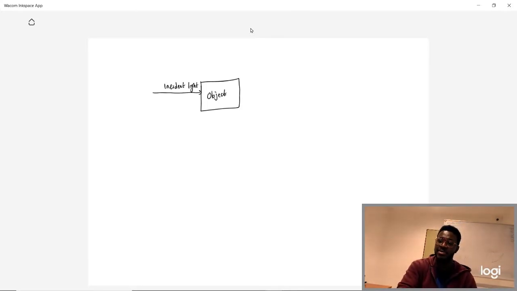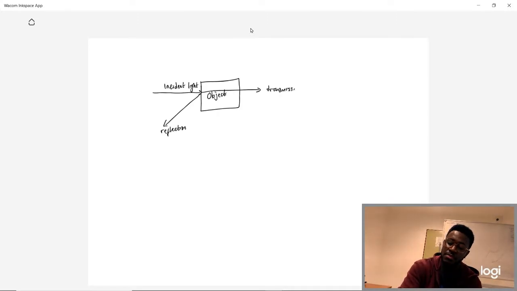There are three things that can happen to the light: reflection, transmission, and absorption. So these are the three interactions of light with matter.